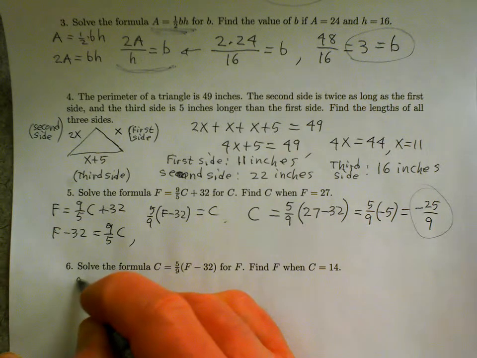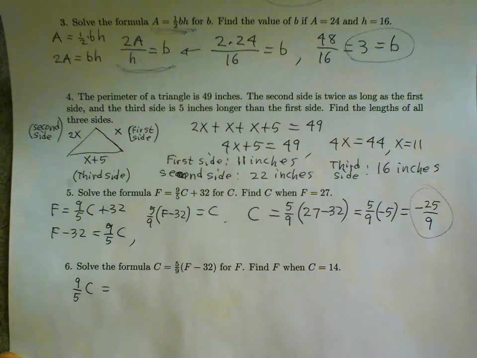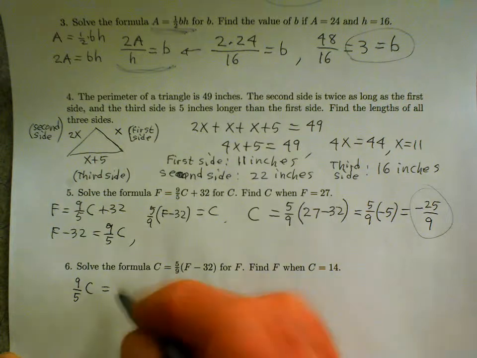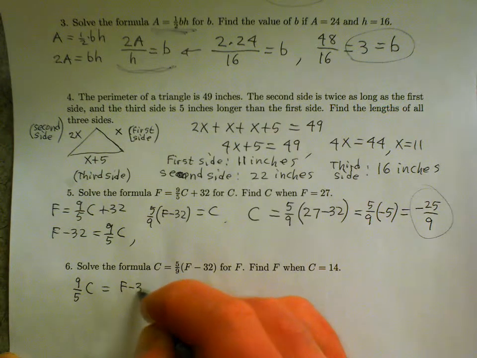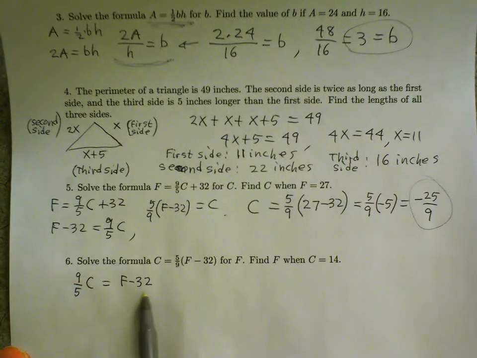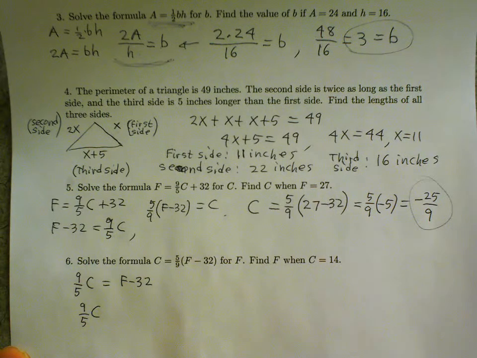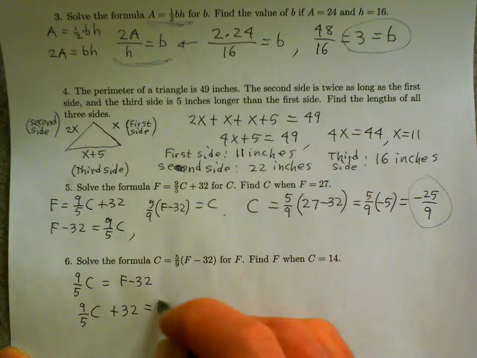We get 9/5 times C equals 9/5 times 5/9, which is 1, and 1 times F minus 32 is F minus 32. And then lastly, add 32 to both sides. So we get 9/5 times C plus 32 equals F.